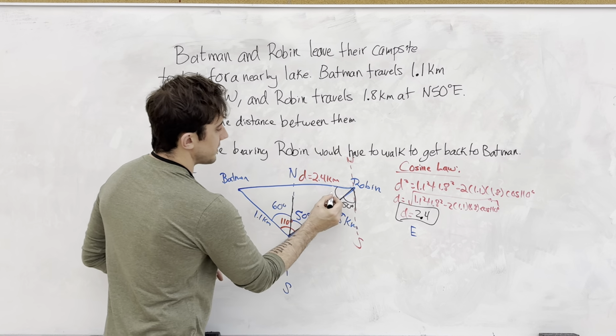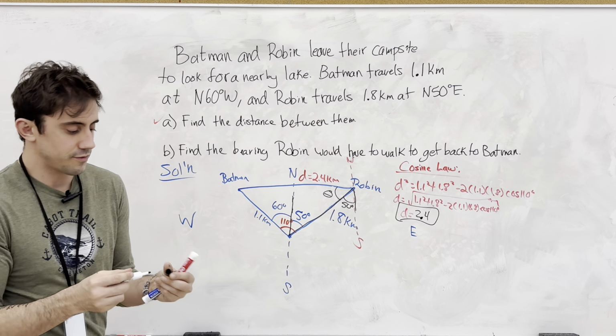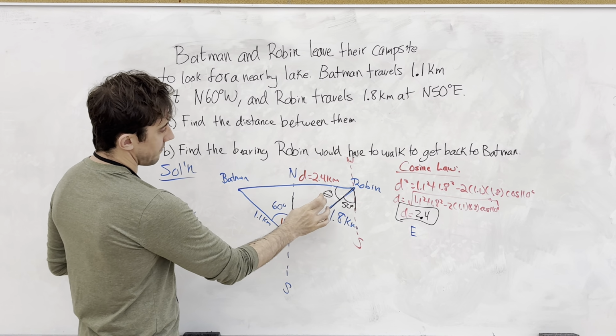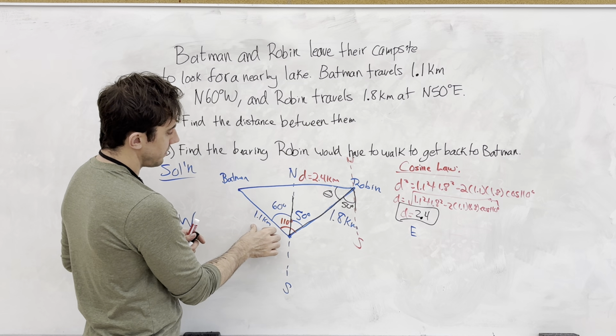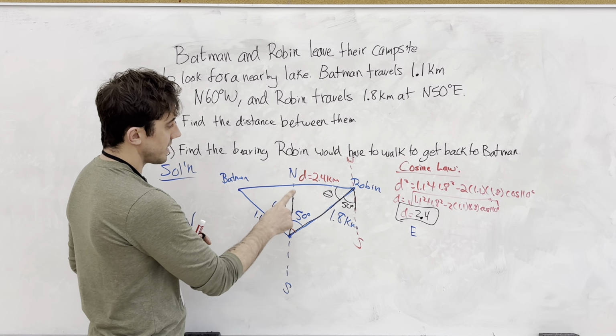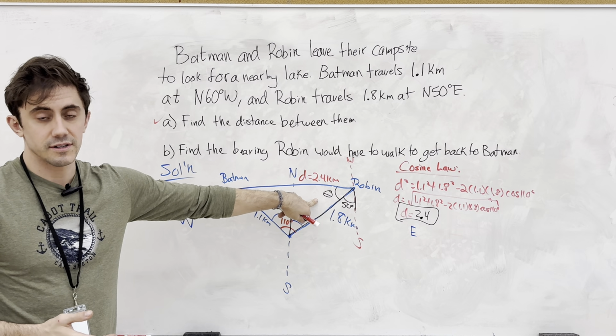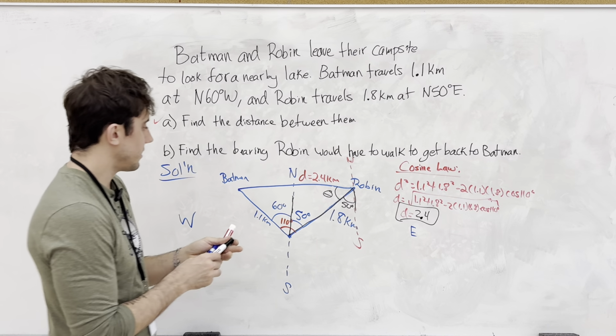So let's label this theta, as we often do whenever we're looking for missing angles. And now we know we have theta and its opposite side length, and we have 110 degrees and its opposite side length. And so we have an oblique triangle here, so we can use our sine law.